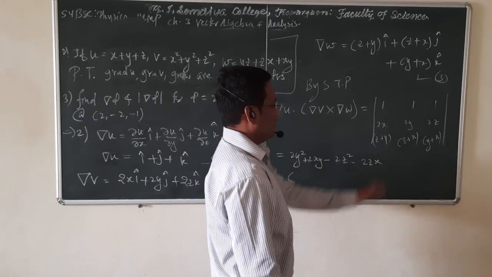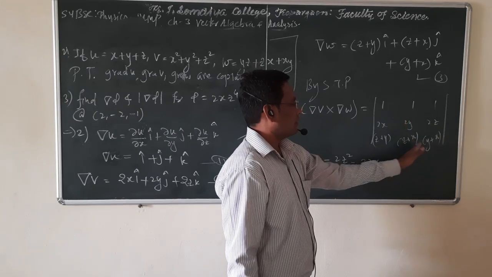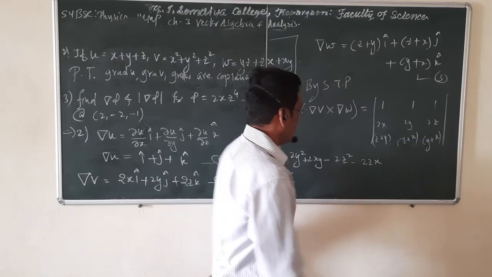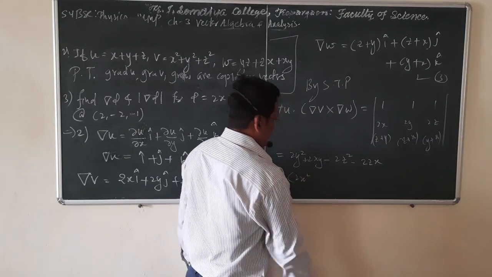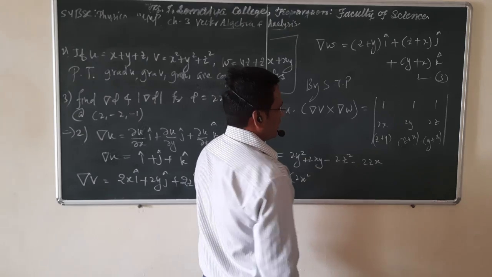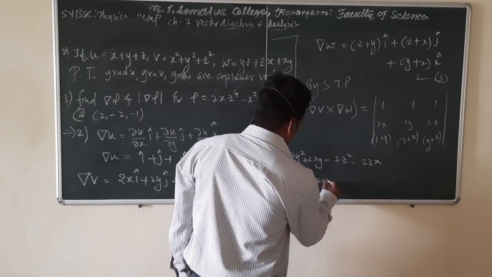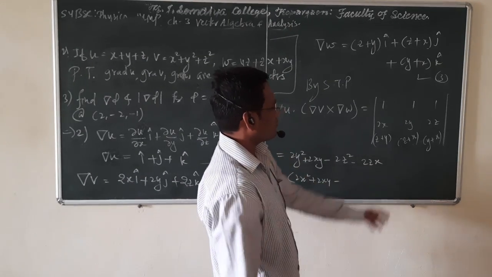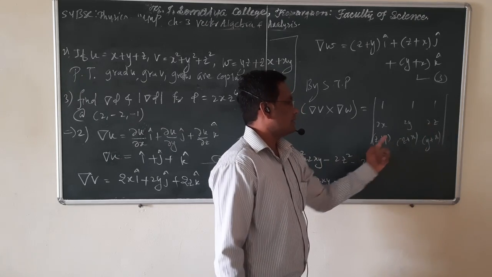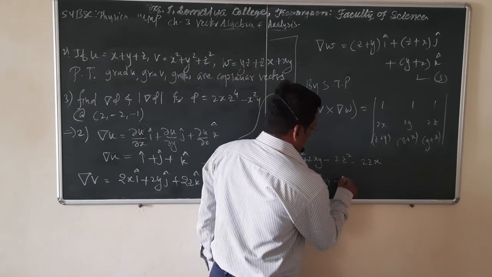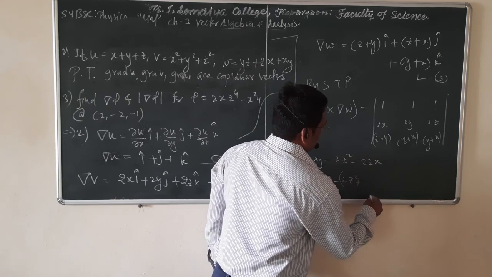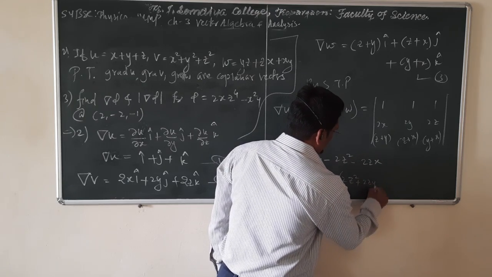Minus, if you solve the second term, 2x multiplied by this, so that will become 2x square plus 2xy, minus the second 2z into this, so 2z square plus 2zy.